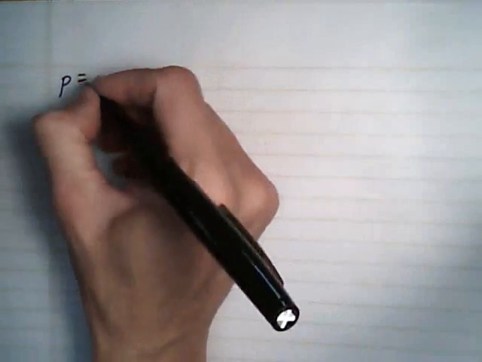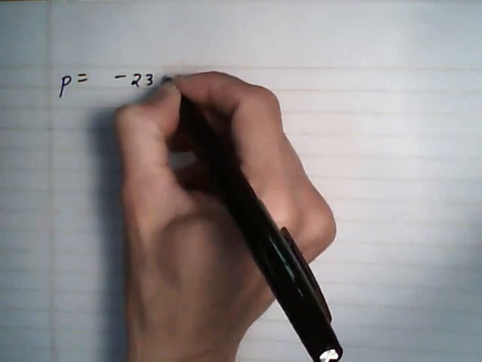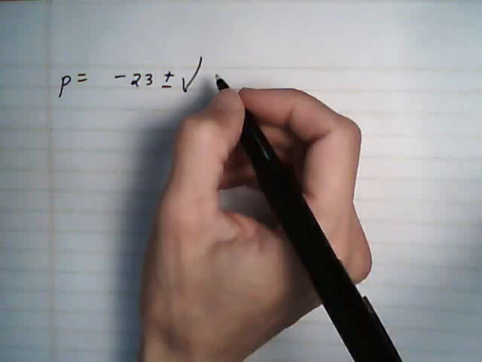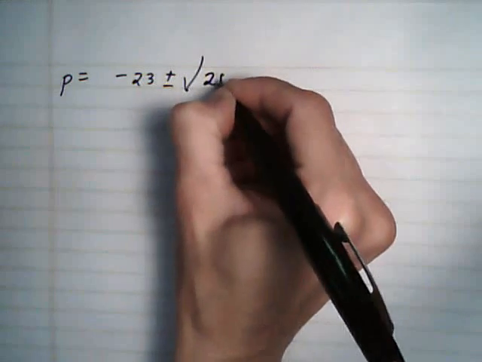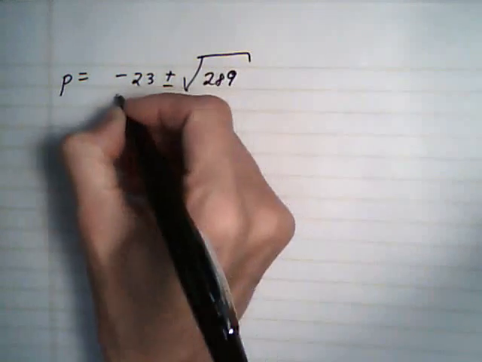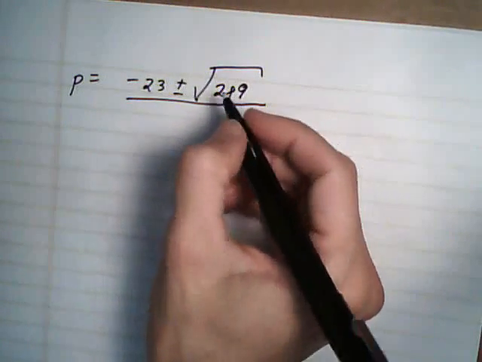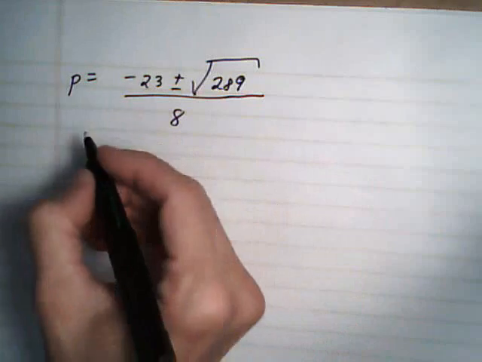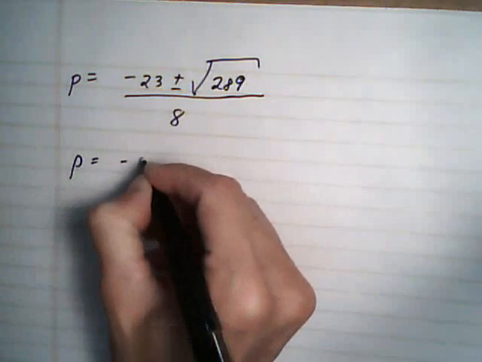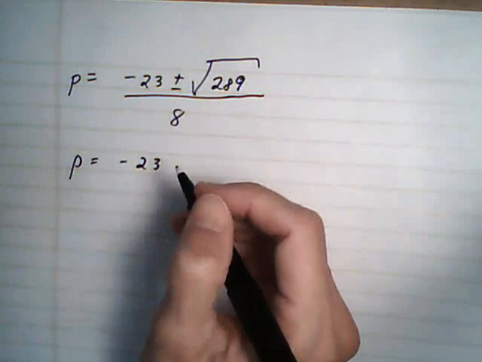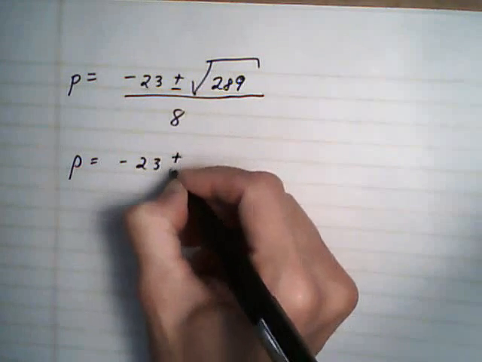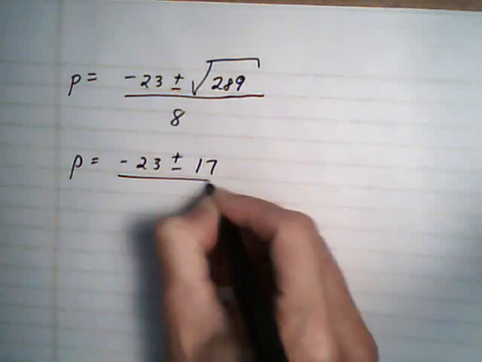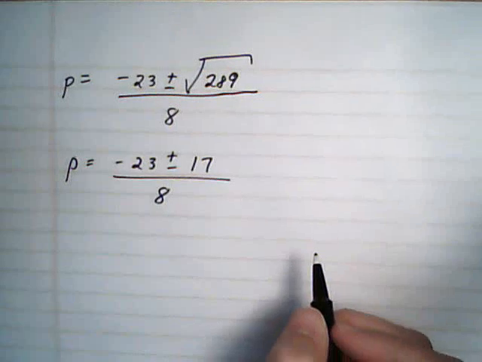So this gives us now p equals minus 23 plus or minus square root of 529 minus 240 is 289, and it's still all over 8. And root 289, if we do that out, is 17. So we have minus 23 plus or minus 17 all over 8.